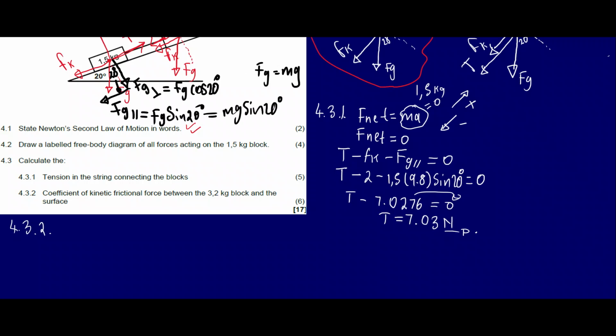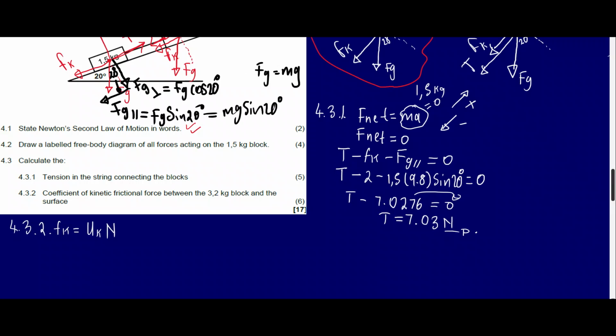So 4.3.2, they want us to calculate the coefficient of kinetic friction between the 3.2 block and the surface, right? So there are quite a lot of ways you can approach the question, because we can automatically think of Fk equals mu k N, right?